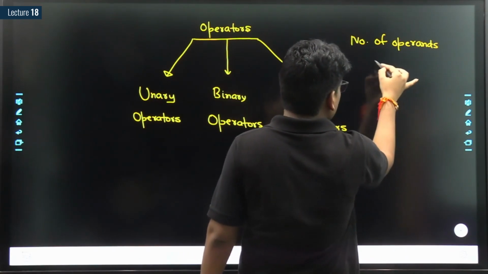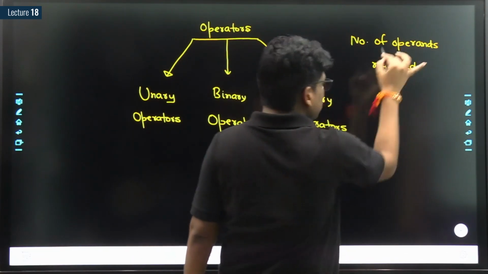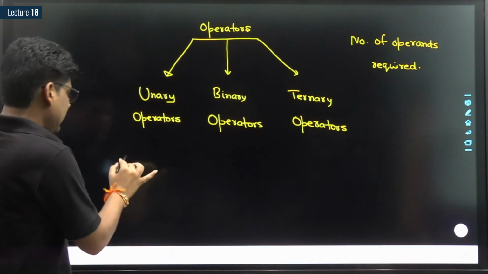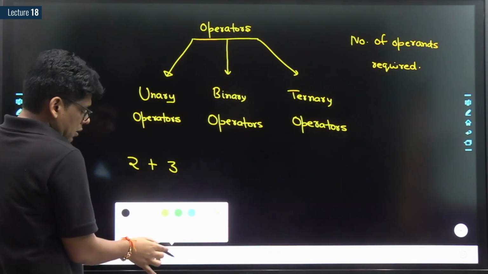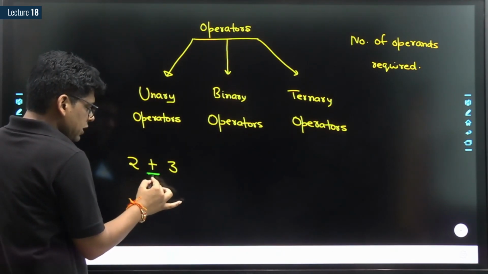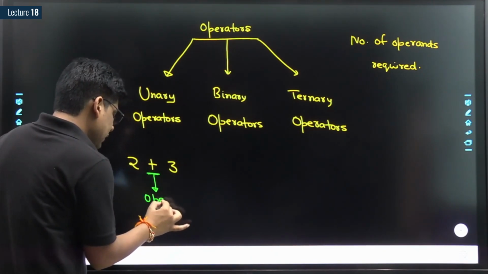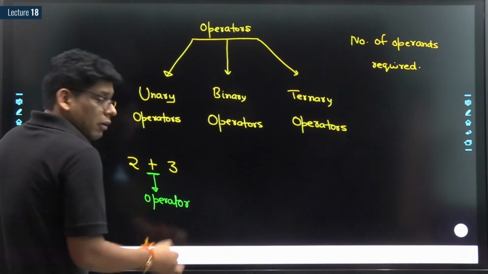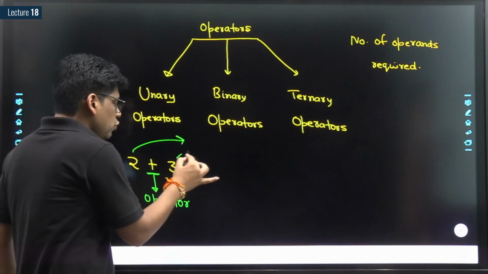Sir, what is an operand? Okay, let me take an example. 2 plus 3. The operator here is plus, and this plus is working upon these two values.